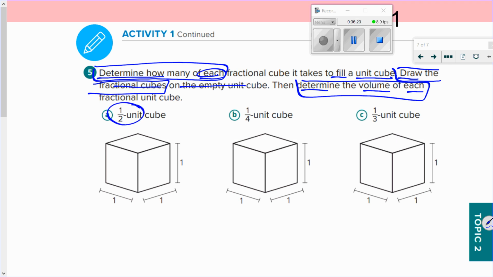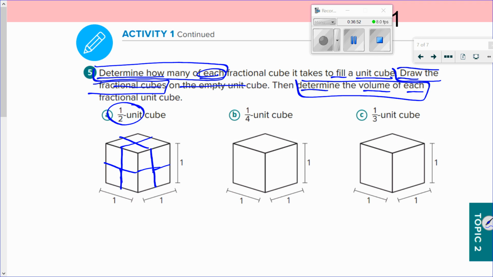Meaning, if it's a 1 unit, how many of the 1/2s is it going to take to cover that? 2 of them. So basically draw that in half. To go across the length, how many am I going to need? 2. To go up the height, how many am I going to need? 2. So what does it look like?